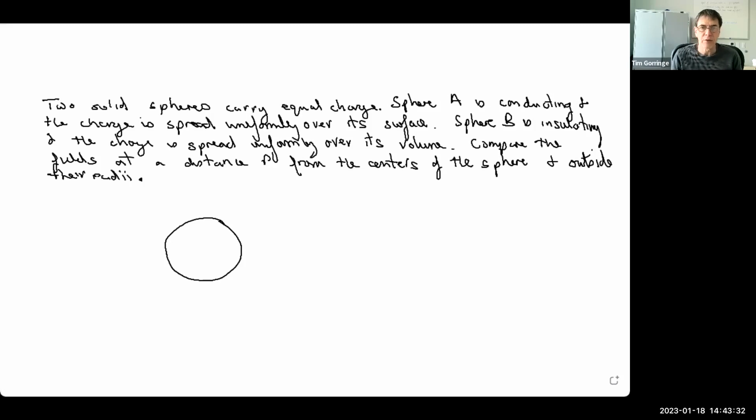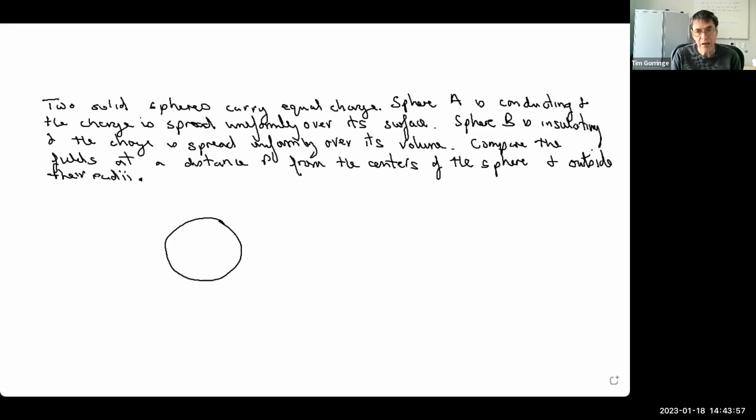It takes advantage of the fact that we're dealing physically with spheres. We're dealing physically with spherical distributions of charge, and therefore the fields that are produced by the spherical distributions of charge are going to be spherically symmetric also. And so let's work through this problem.